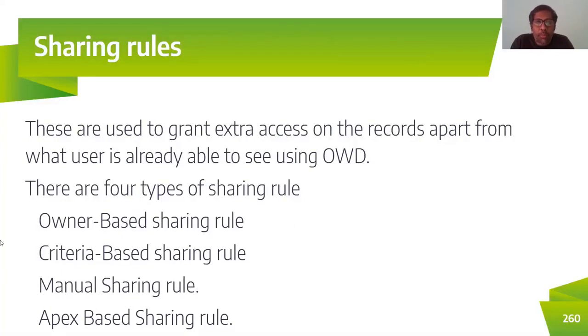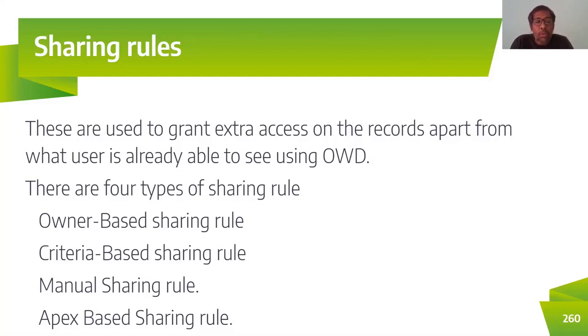Using OWD, we made it private so that any user cannot access, but that particular record can be accessed using a sharing rule, by the specific user whoever we share it with.